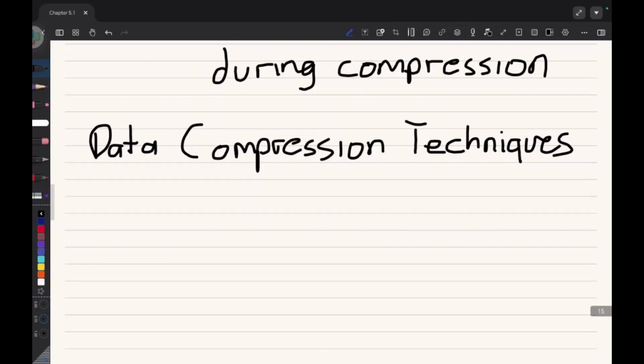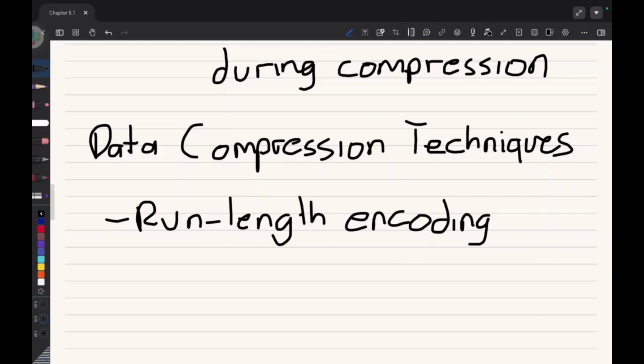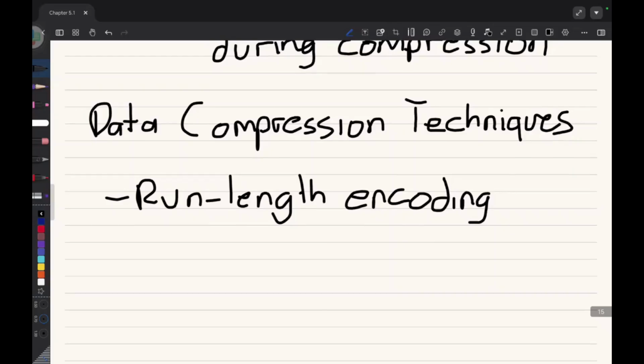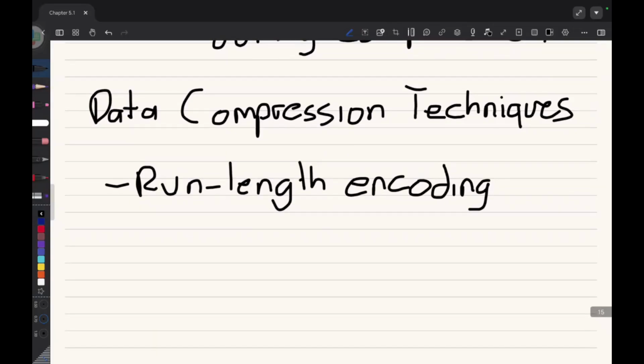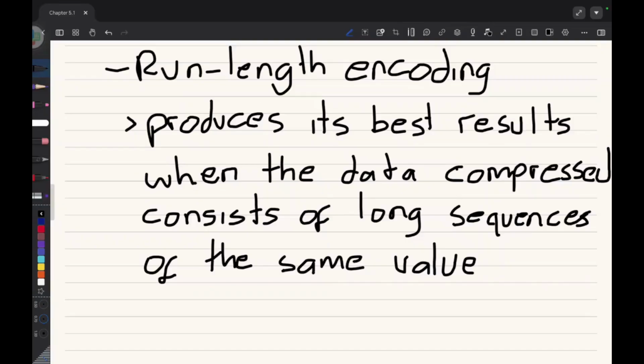All right. In which number one we have the run length encoding. Now in the run length encoding, this produces its best result when the data is being compressed. That's the run length encoding.